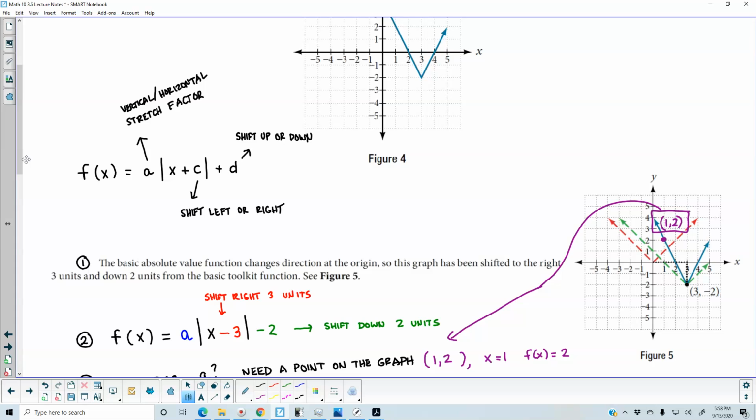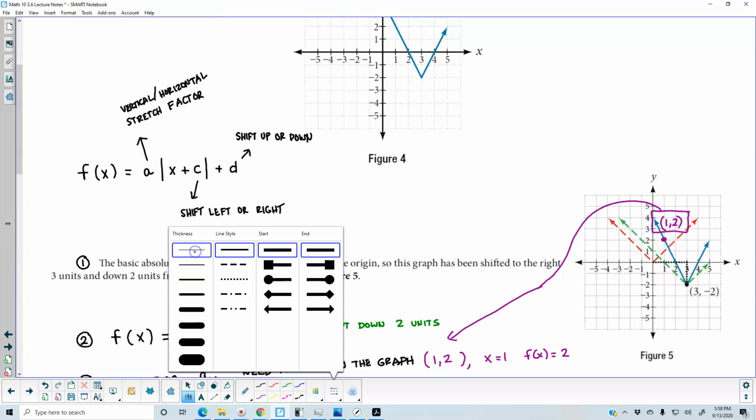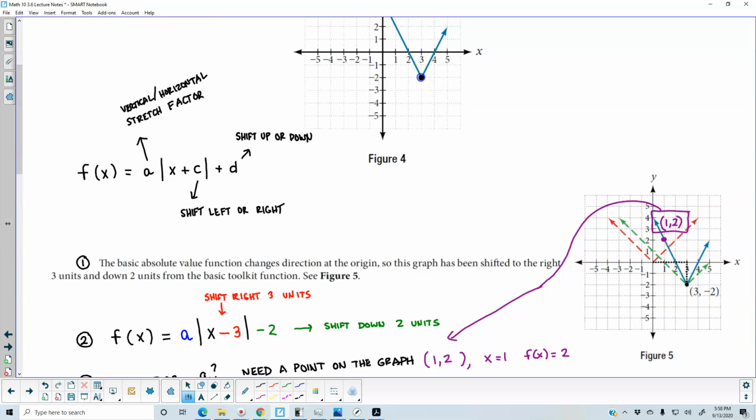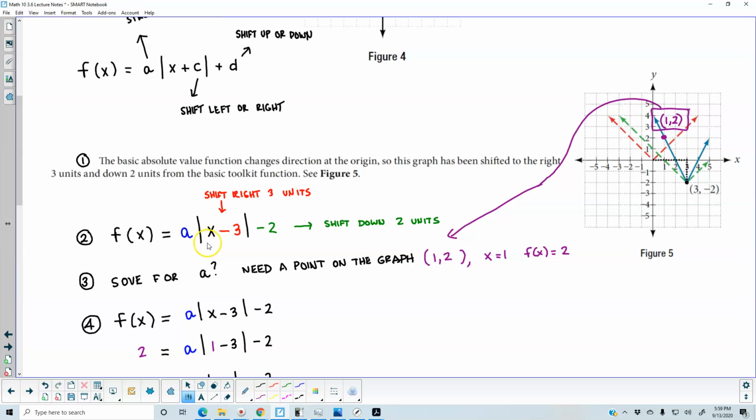The way we can figure that out is by looking at the ordered pair located right here. We can see that the x coordinate is 3 and the y value is -2. So that tells us that we've shifted the graph over 3 units, so that's x minus 3, and then we've gone down 2 units. So we can plug that into our function.